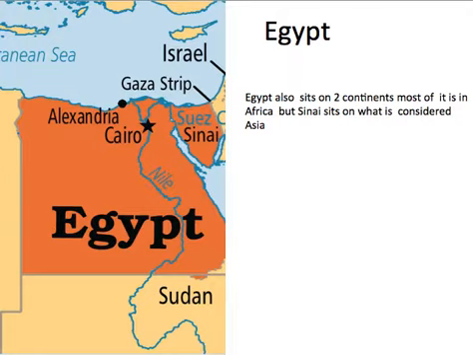Egypt. Egypt also sits on two continents. Most of it is in Africa, but the Sinai Peninsula sits on what is considered Asia. Now, more interesting facts for your forehead. So, we have Egypt, which is, you're probably looking at this bit right now. It's in Africa. We have the Suez Canal, which splits the rest of Egypt from the Sinai Peninsula, which is still part of Egypt.